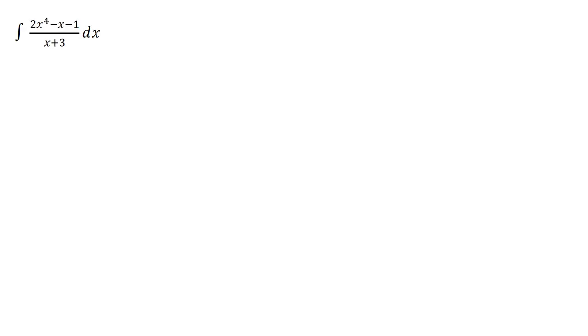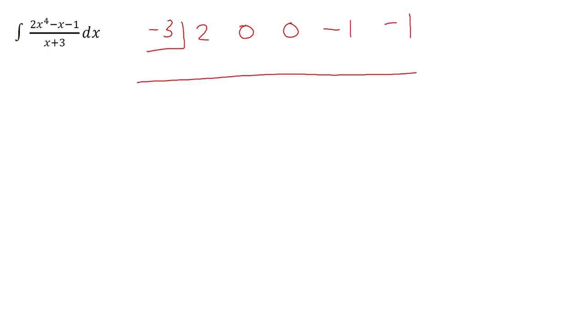All right, for our next one here, we're just, once again, going to do the exact same thing. Put a negative 3 in the box, because that's what makes the denominator 0. A 2x to the 4th, a 0x cubed, a 0x squared, a minus 1x, and a minus 1 going across. Drop the 2 below. 2 times negative 3 is negative 6. 0 plus negative 6 is negative 6.